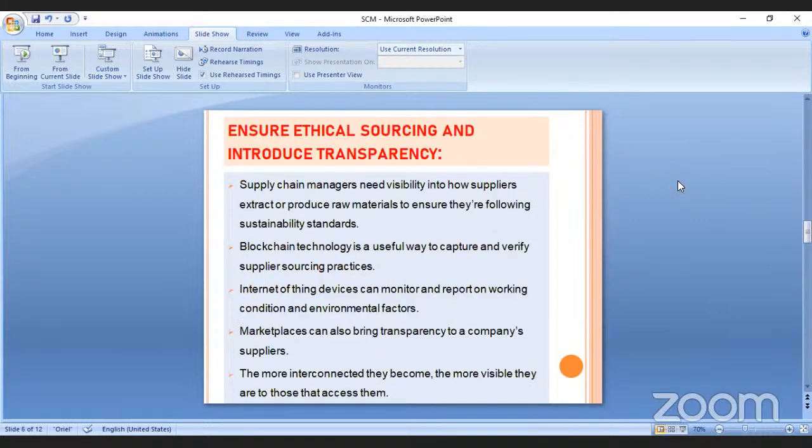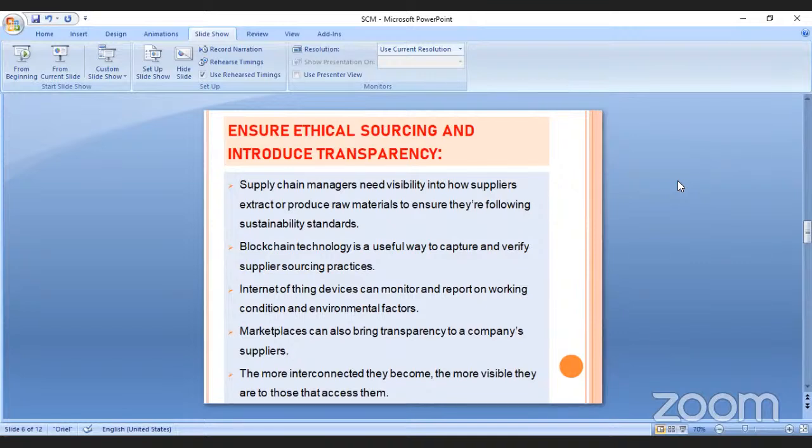Next slide. Ensure ethical sourcing and introduce transparency. Supply chain managers need visibility into how suppliers extract or produce raw materials to ensure they are following sustainability standards. Blockchain technology is a useful way to capture and verify supplier sourcing practices.